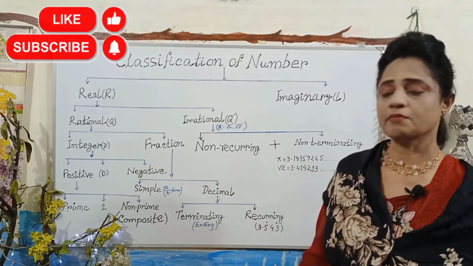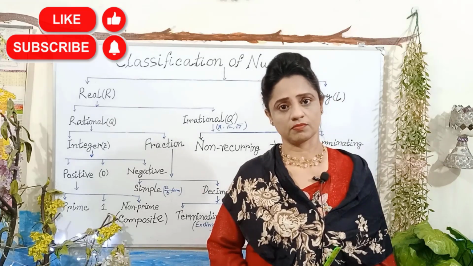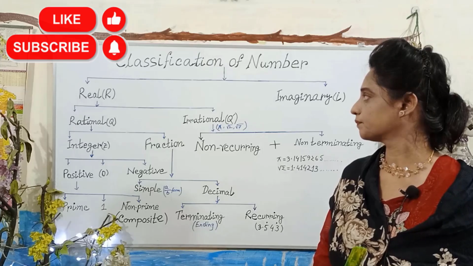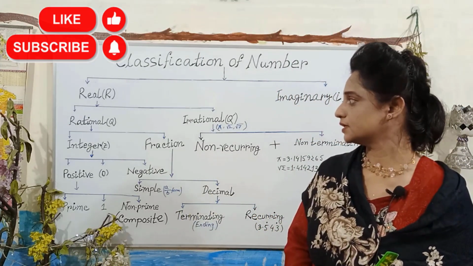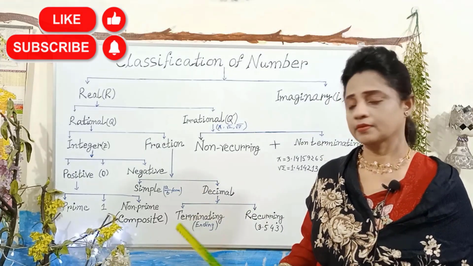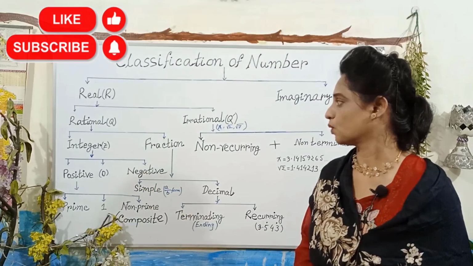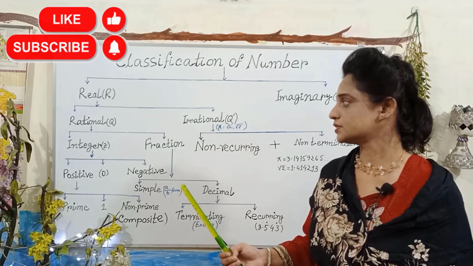But an irrational number cannot be expressed by P by Q form. Now, rational number can be divided into two parts. That is integer, which I have explained a few minutes ago, and fraction. So what is integer?